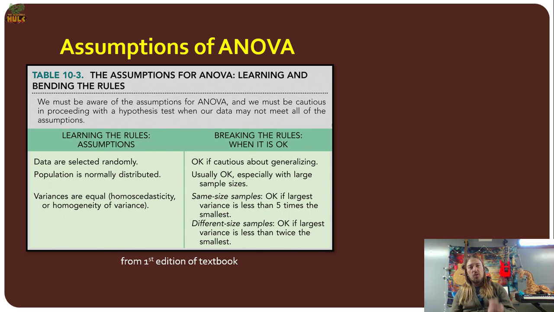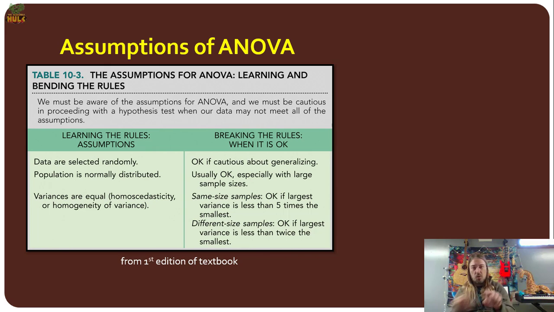And then a new one to ANOVA, because the ANOVA requires multiple groups, 3 or more groups. We are looking to see that the variability of each of those groups, so the spread of, let's say, male heights and the spread of female heights, that spread in each of those groups is approximately equal. It's what we might call homogeneity of variance.